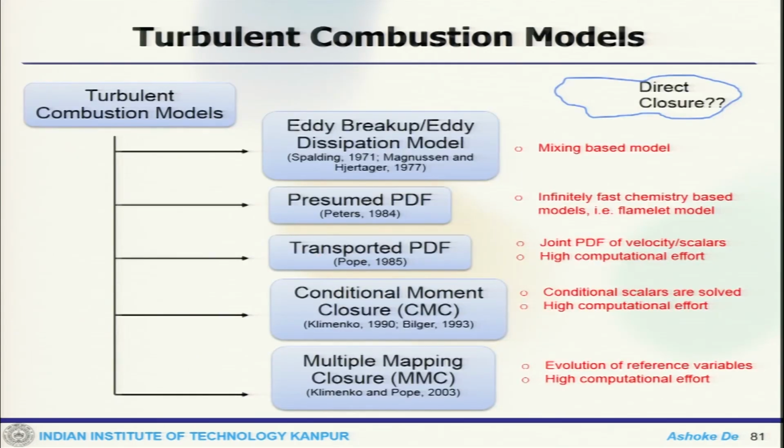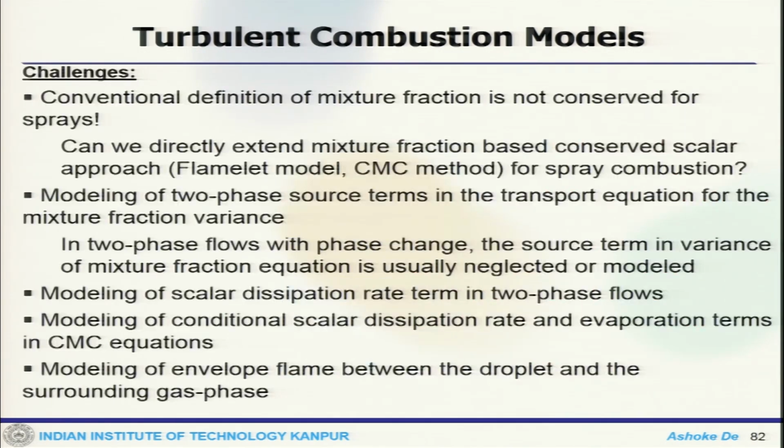Now, these are the different turbulent combustion models, where we have already seen eddy breakup, presumed shape, and the transport PDF model. Now, these are the two advanced models: conditional moment closure, where the conditional scalars are solved, with high computational effort, and evaluation of a reference variable, also with high computational effort. Now, the challenges: the conventional definition of mixture fraction is not conserved for sprays.